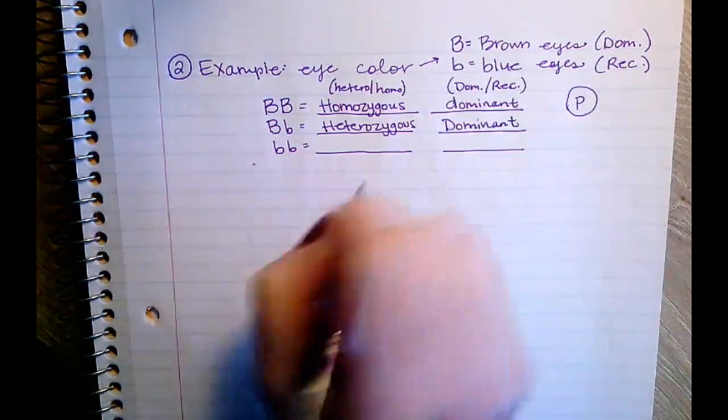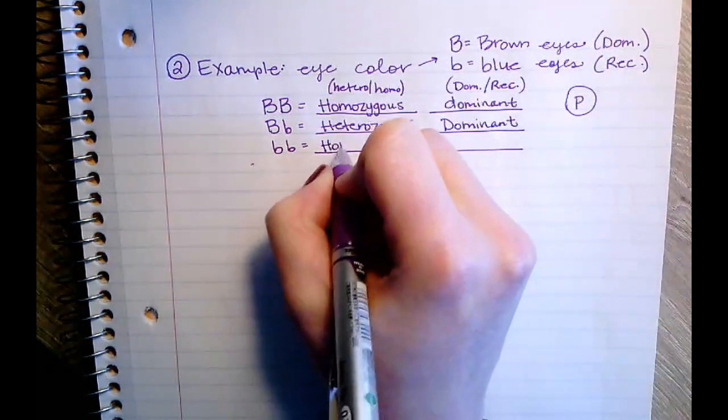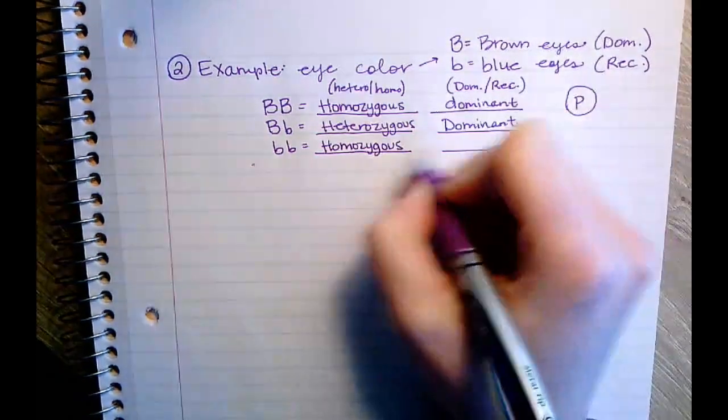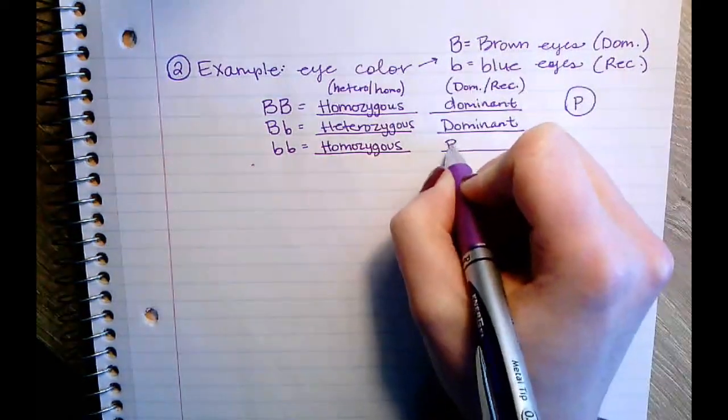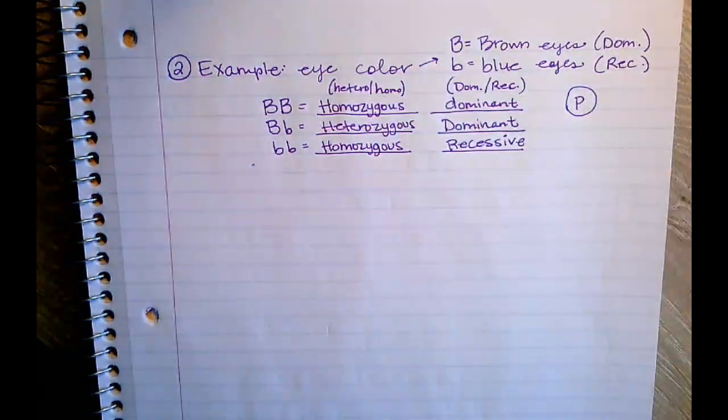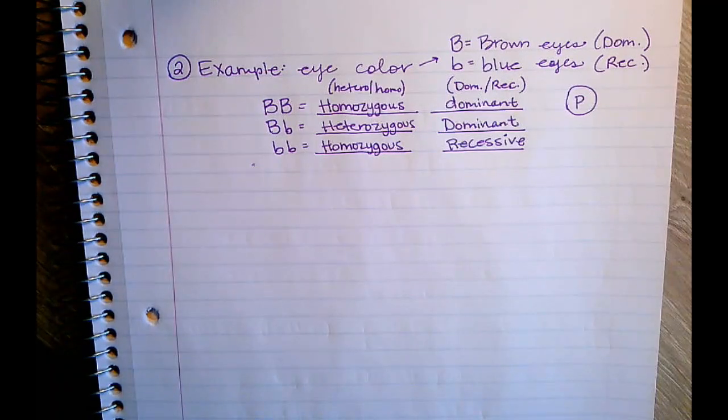And then two lowercase, they're the same, so that would be homozygous, and now there's no capital, so that would be recessive. Those are the three options. Again, there's no such thing as a heterozygous recessive, so those are the only three options.